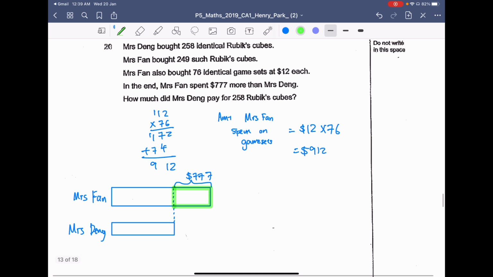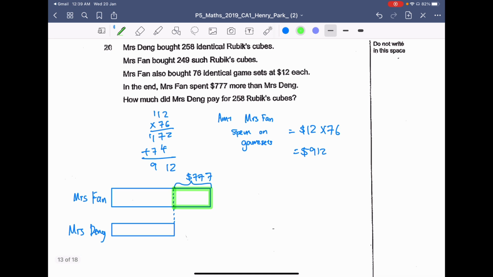Since Mrs. Fan spent $912 on the game sets, it means that it exceeds the $777. Maybe around this portion here is until $912.